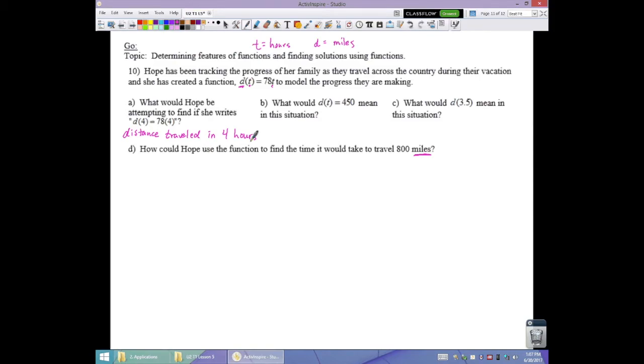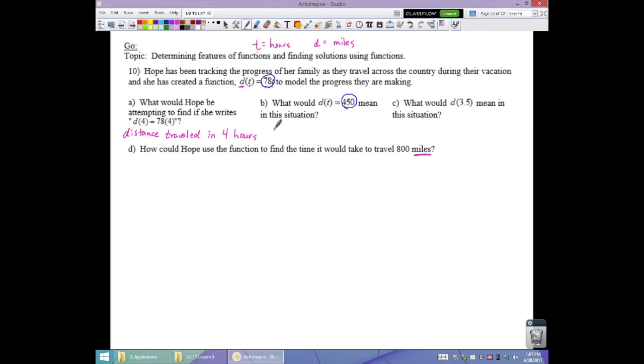Okay. Part B, what would D of T equals 450 mean in this situation? Now what we've done here is replace the entire right side with 450. Well, that means the distance is 450. The time is what is unknown.